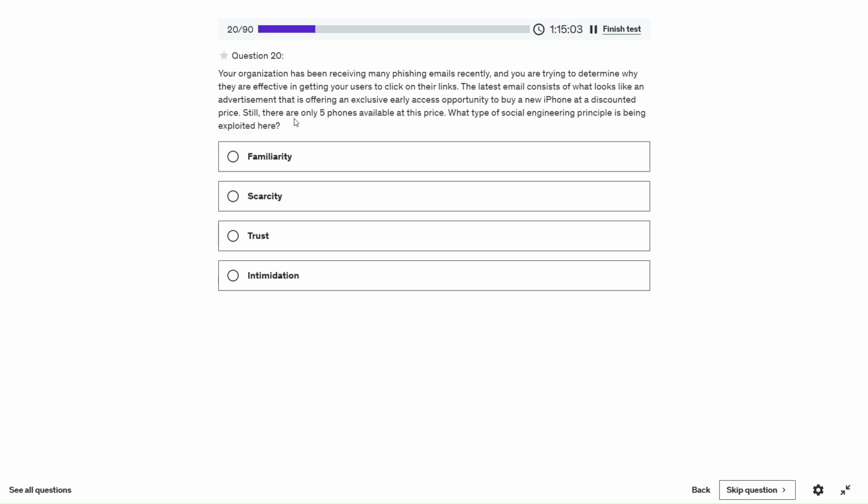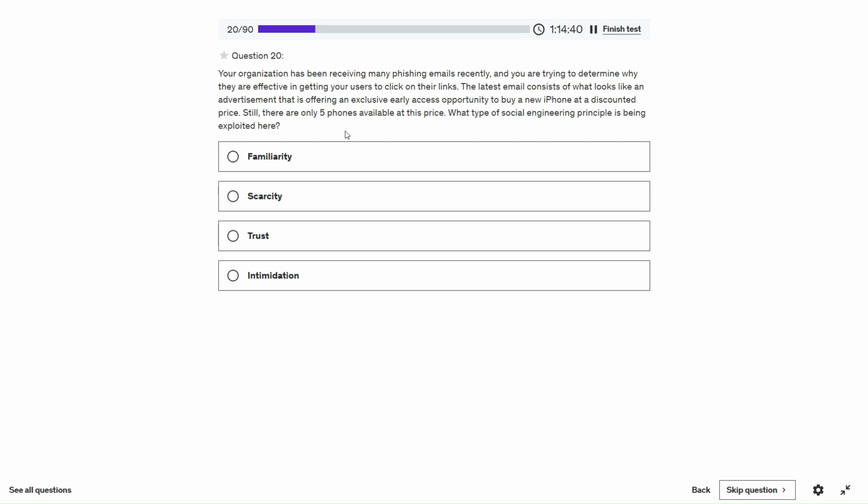Okay, in this case, there is an advertisement inside the email link which is offering exclusive early access. So there is a time limit opportunity to buy a new iPhone, and the quantity is only 5. So only the first 5 people can buy those phones.